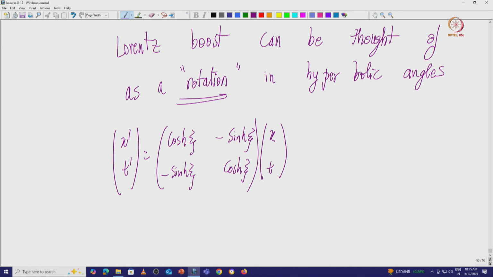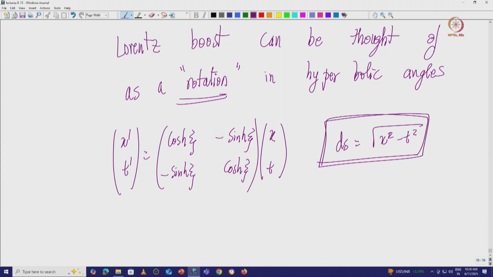Now what does it keep invariant? It keeps invariant x squared minus t squared, the square root of ds squared, depending upon the sign of your metric. In our case it should be t squared minus x squared. So it keeps the line element invariant.